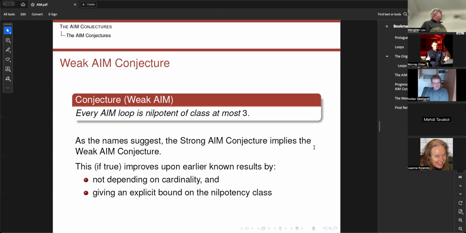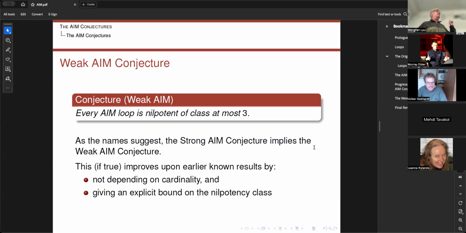Now, there is a weaker version, and that's why the title of this talk is the AIM Conjectures. The weaker version is that every AIM loop is nilpotent of class at most 3. So there is an explicit bound on nilpotency, which is 3. The strong one implies the weak one. I won't explain why in the interests of time, but it's not very difficult to see.